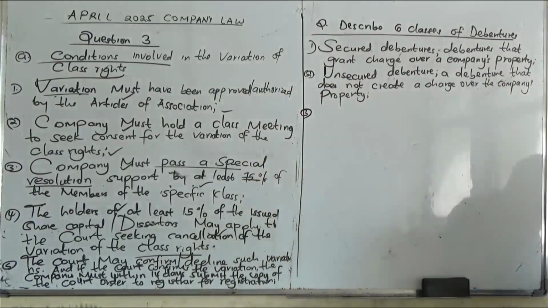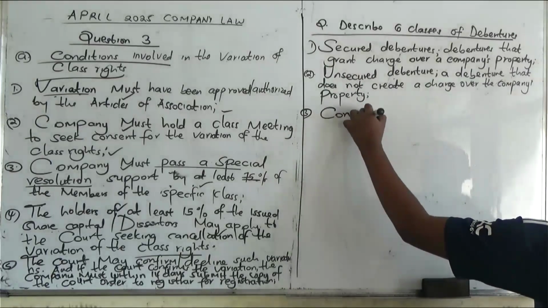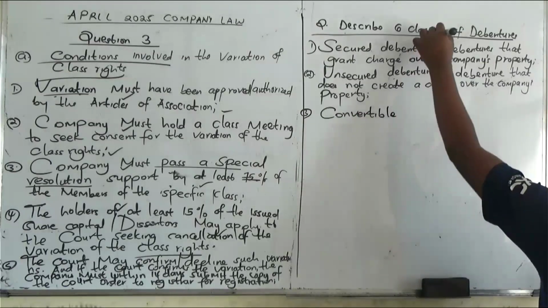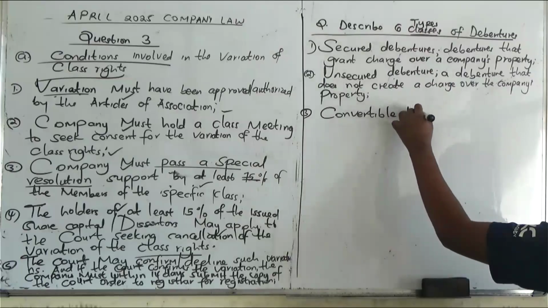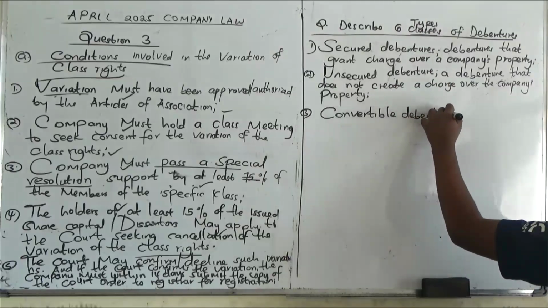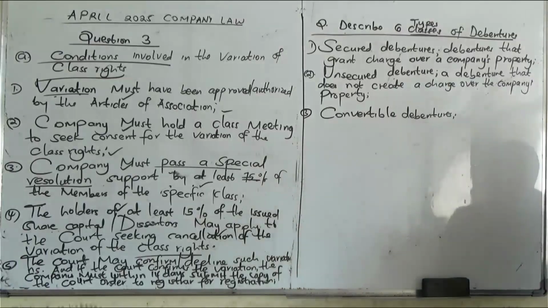Three, we also have convertible debentures. In our notes, we gave it as types. Just check. So this one is a direct question from our notes. What is the meaning of convertible debentures?